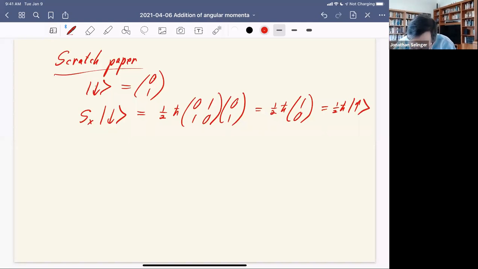So that is a half h bar times the up state. That tells us that if there are 2 spins, we have the Sx operator for spin 2 acting on up, down. It multiplies by a half h bar and flips the second spin from down to up.